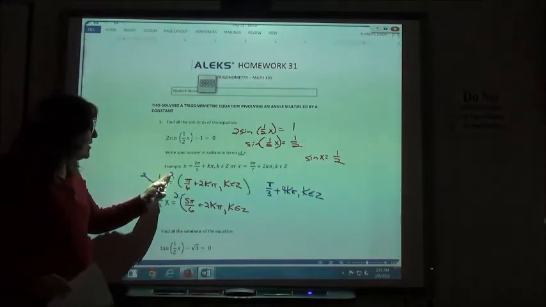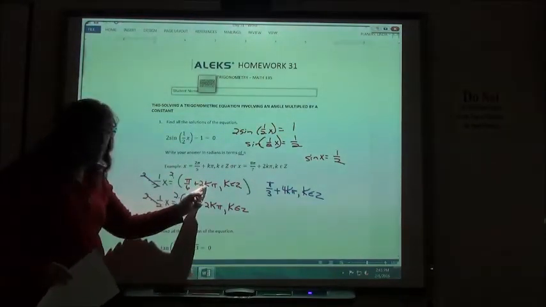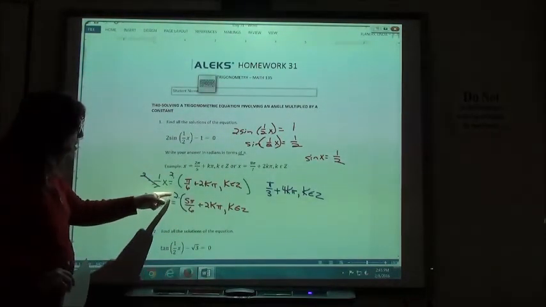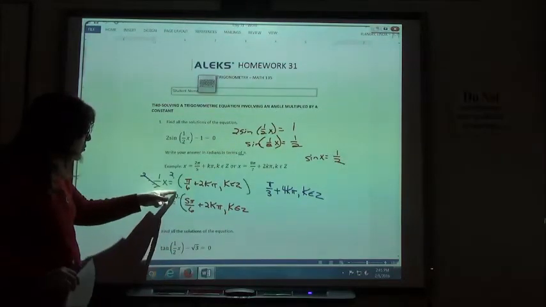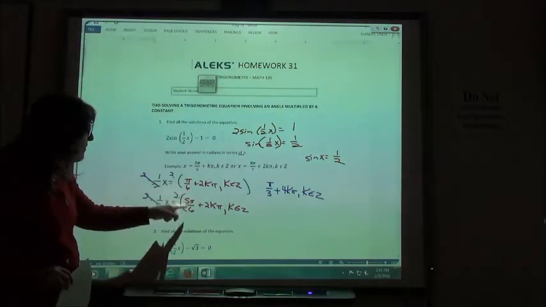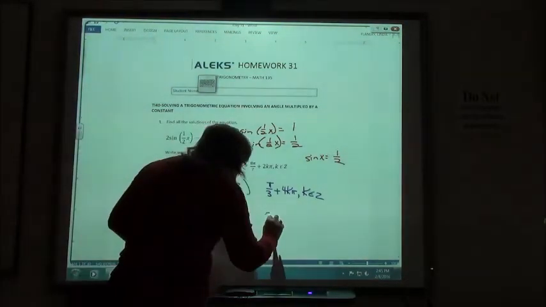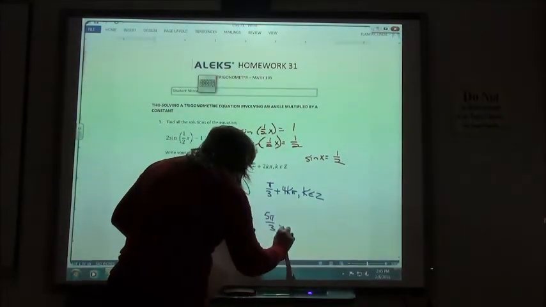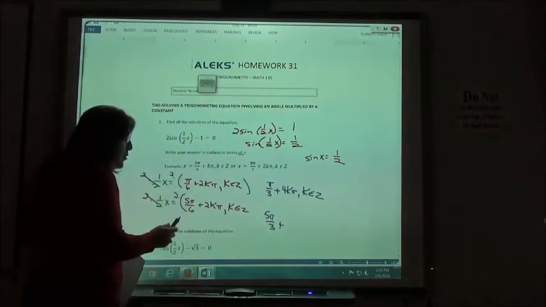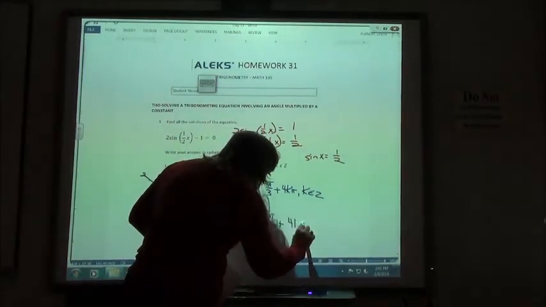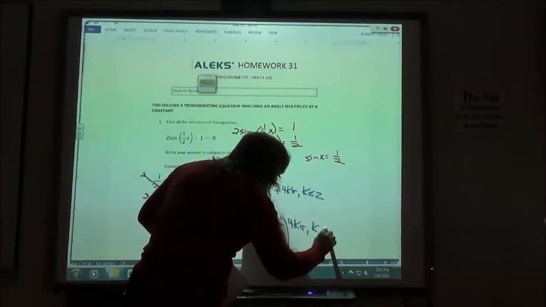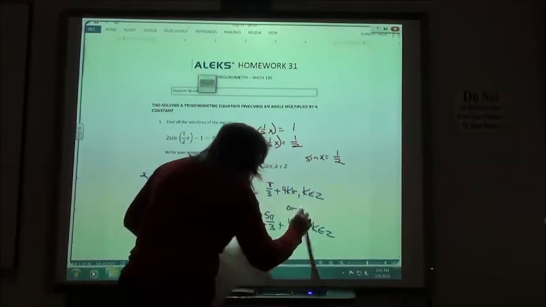So I distribute that and take the 2 times this and 2 times this. Same thing here. When I multiply this by 2, the 2 would cancel out with that, make that 5 pi/3, plus 2 times 2k pi would make that 4k pi, with k being an element of z.